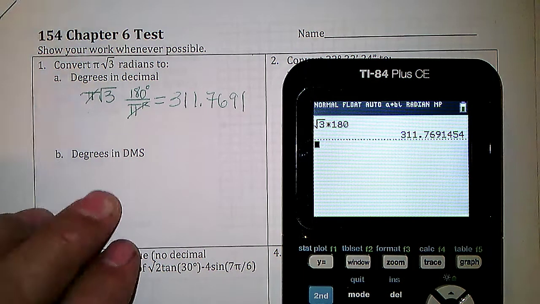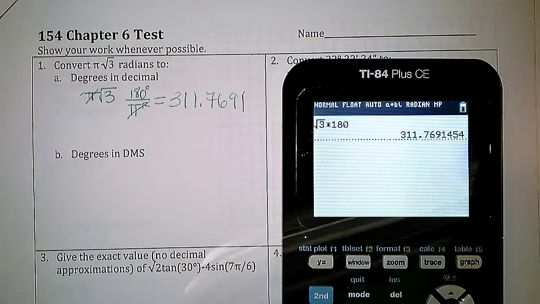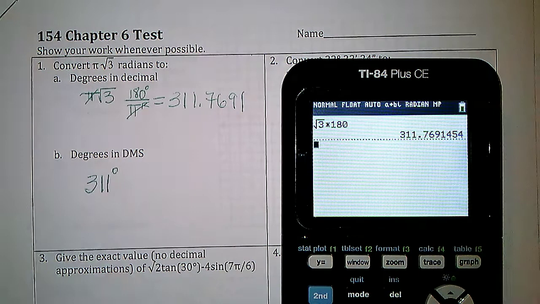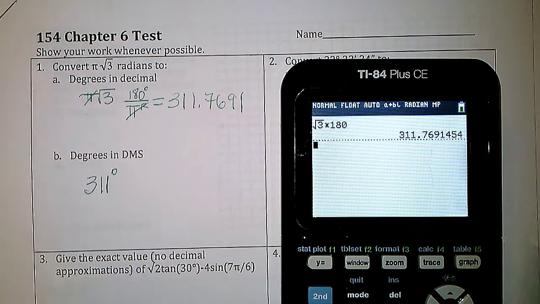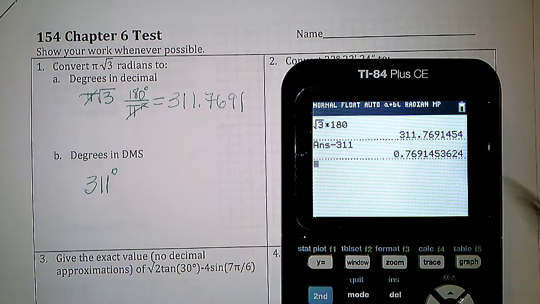Now, to convert that to degrees, minutes, and seconds, there's 311 degrees. I do not put that decimal because I'm changing the decimal part to minutes. So I subtract the 311, and now I've got this decimal that I want to find out how much of a degree that is.